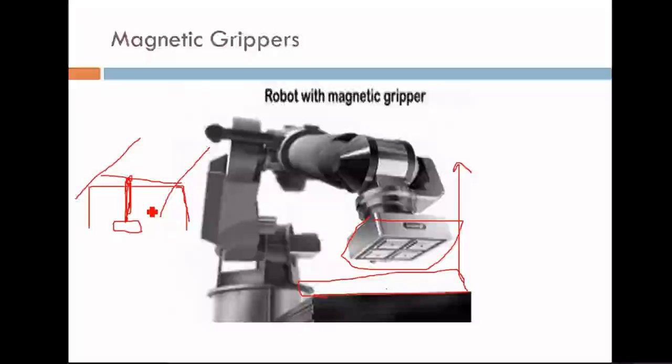So for a continuous process, lots of adhesive material is required, and this type of adhesive material is not used in industry. This type of adhesive gripper is called a special purpose gripper.